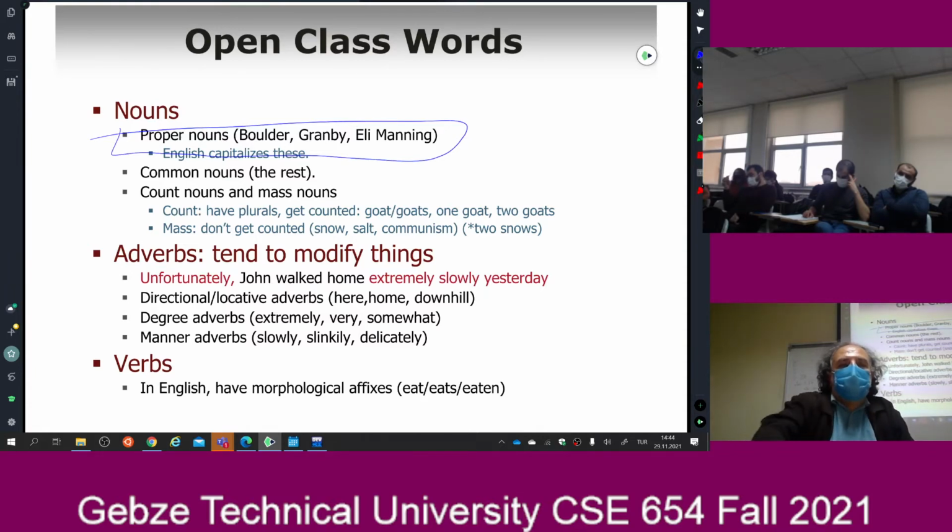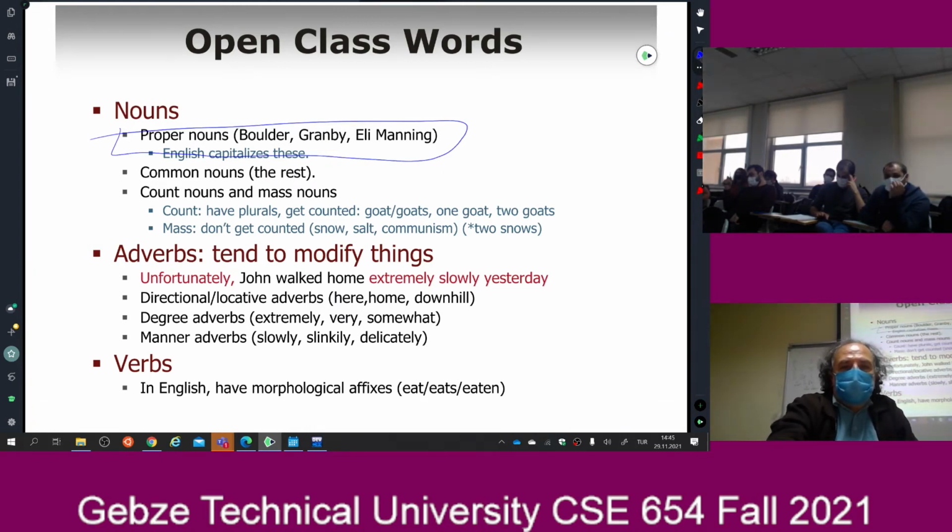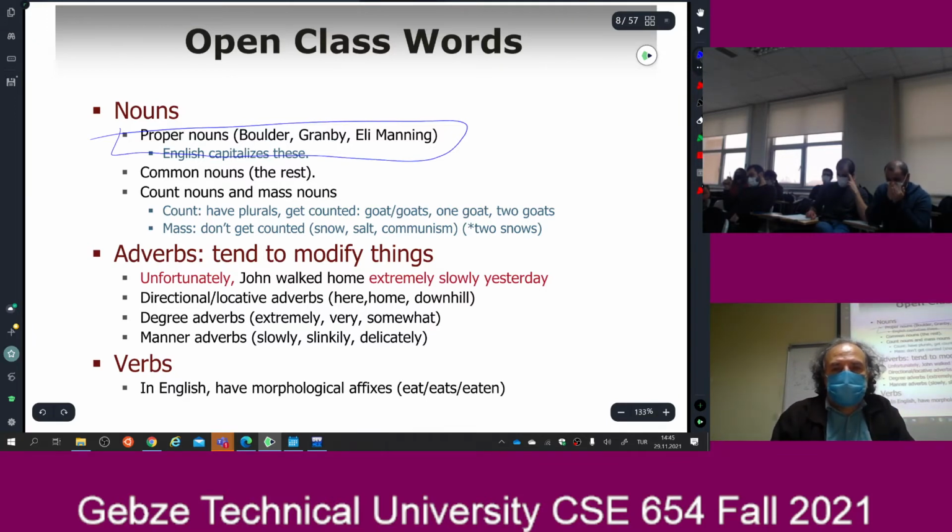So proper nouns, common nouns, noun constant, etc. These are all nouns. And we have adverbs, which tend to modify things, and we have verbs. So adverbs tend to modify verbs, right? Not things.